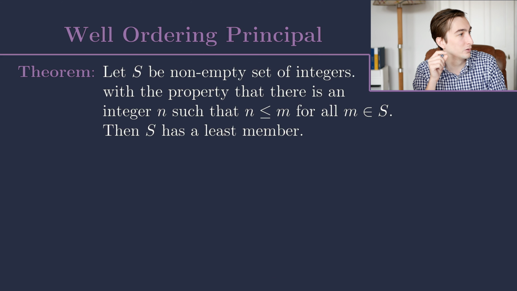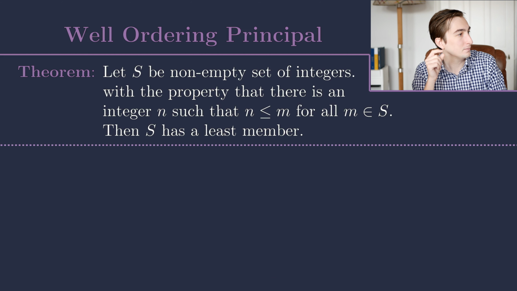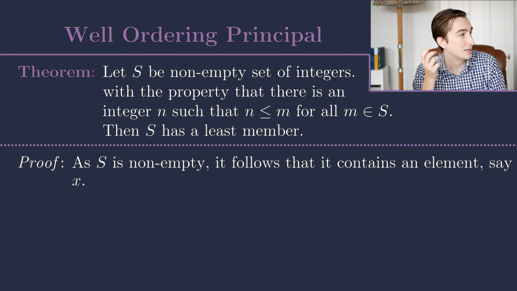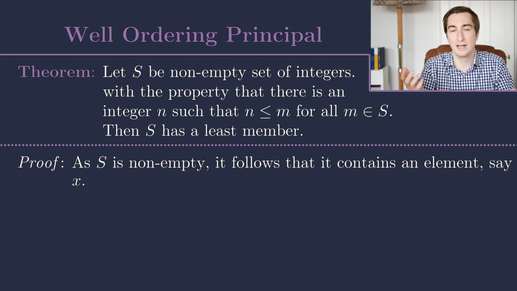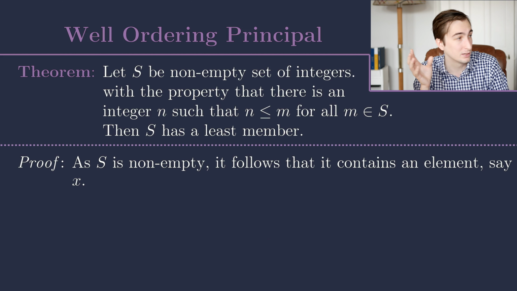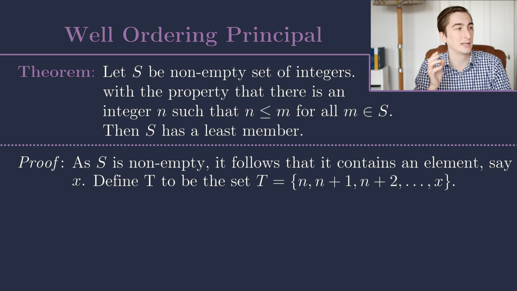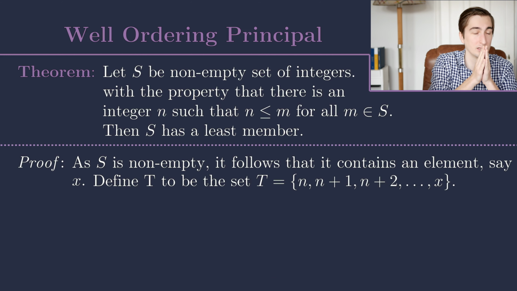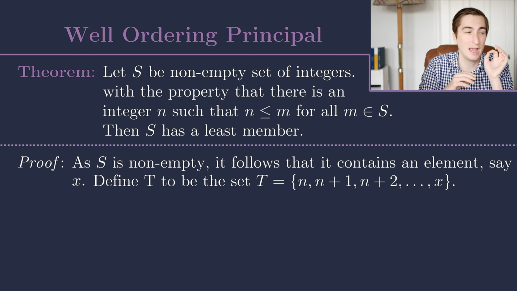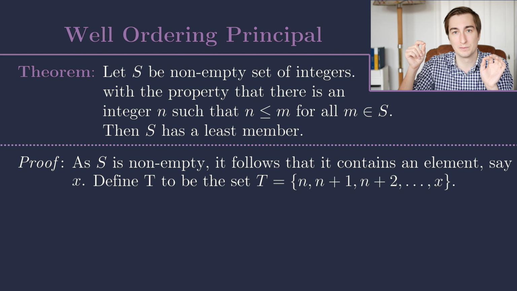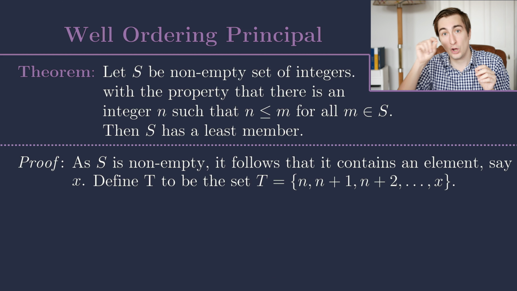So how do we prove this? Well, let's write our proof out here. The first thing we want to do is, as S is non-empty, it follows that it contains an element, and we'll call that element x, right? Because our initial statement says that S is a non-empty set of integers. Now, let's construct a new set, T, in the following way. It's the set of elements running from n, the lower bound of S, all the way up to x, and we just run along.